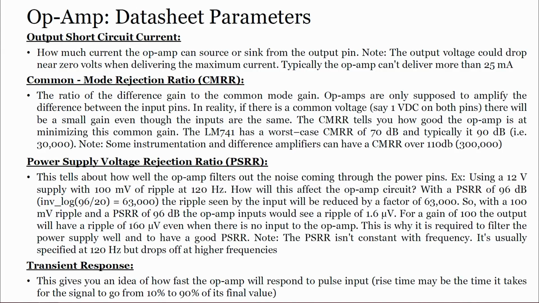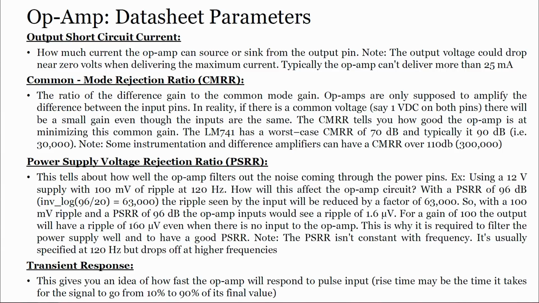Then we have seen the common mode rejection ratio. There is another parameter in the data sheet. What is this parameter? The ratio of the difference gain to the common mode gain. We have seen that, AD by ACM, and CMRR should be extremely high.